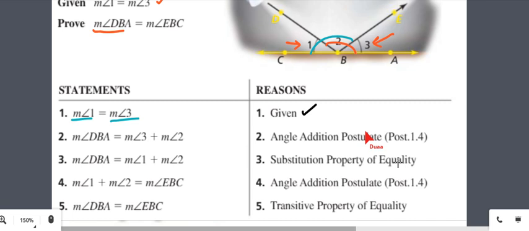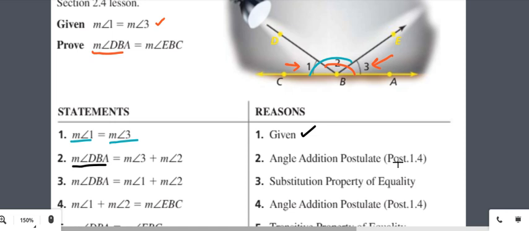Then what it says: measure angle DBA. Which one is that? The red one is the sum of two angles. Measure angle DBA is the sum of measure angle DBE plus measure angle EBA.